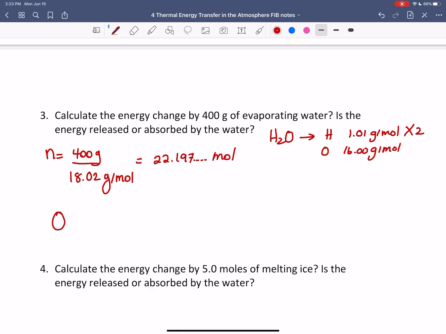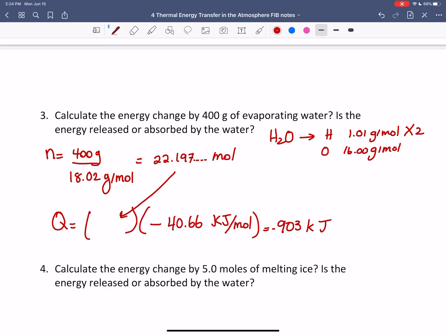And then I have to figure out the Q. And so I have this many moles times ΔH vap. And so I'm going to get 903 kilojoules.